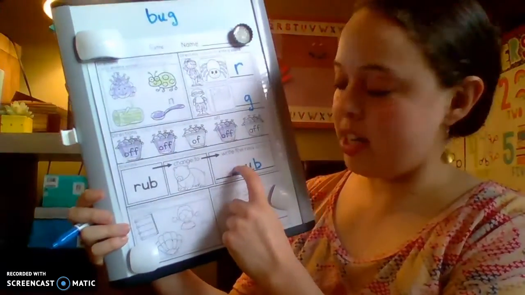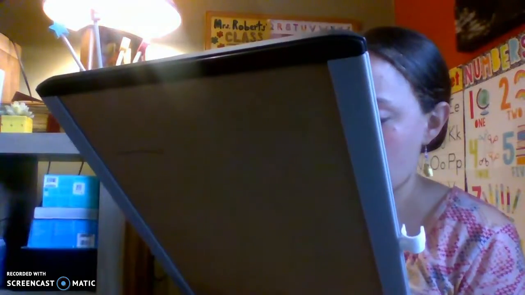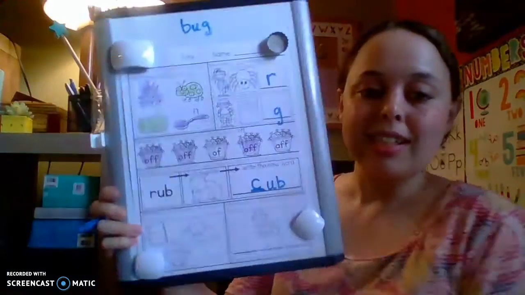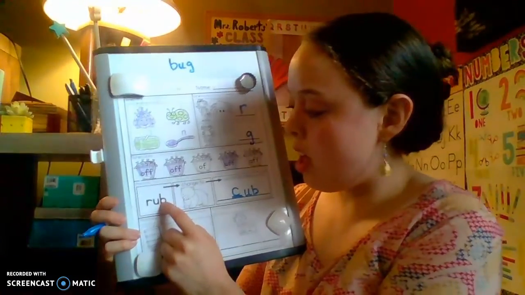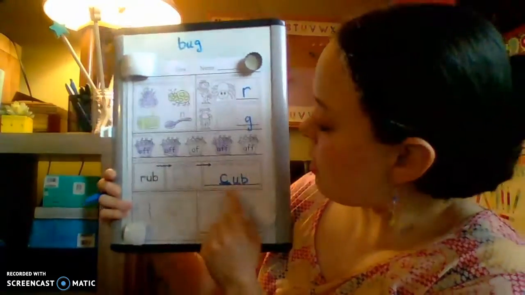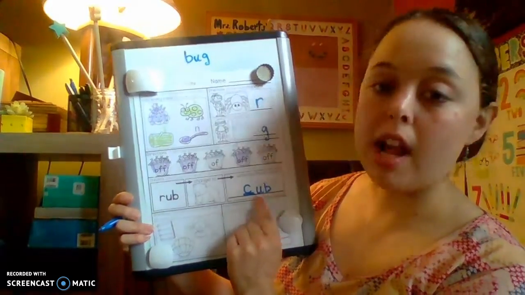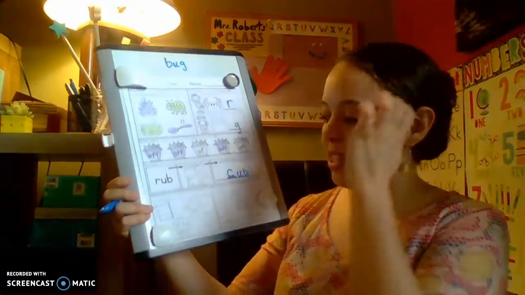I just need to think about what letter might go right here. We just said C. C goes right there to make the word cub. Rub and cub have the same word family, UB, and they are rhyming words. All right, let's do this one.